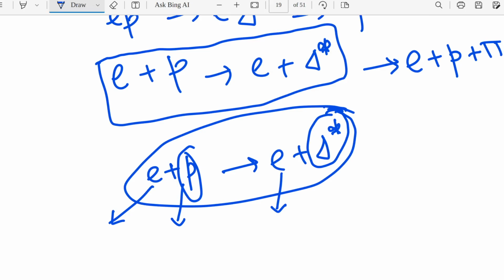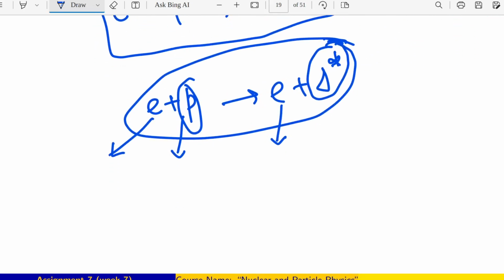There can be two things. One thing is that the proton is taking energy from the electron, and with this energy the proton can go to an excited state, and then that excited state can produce delta star. That is possible. With taking the energy of the electron, there may be another possibility.